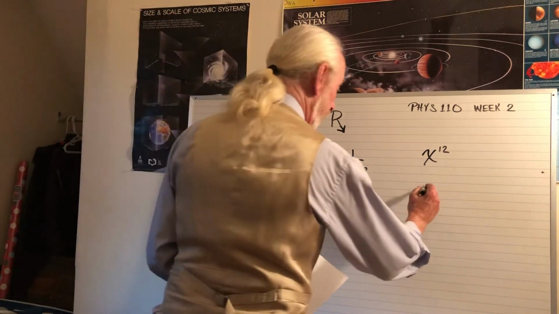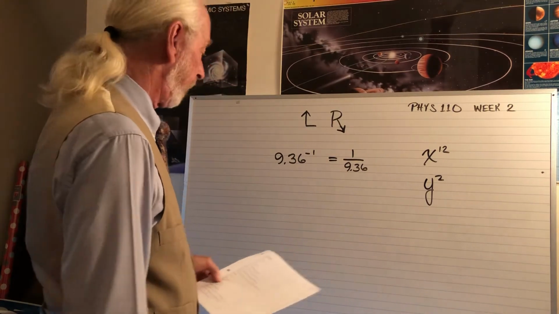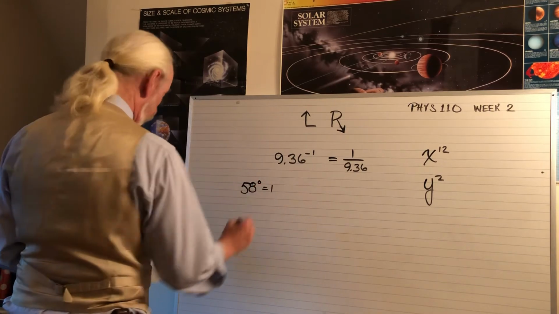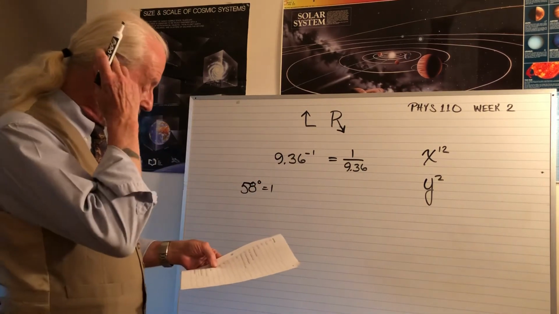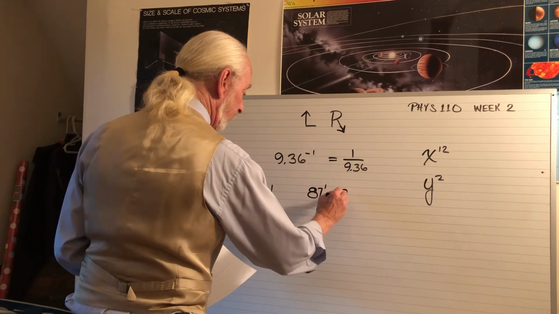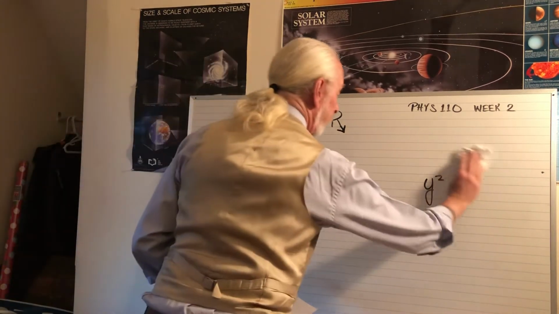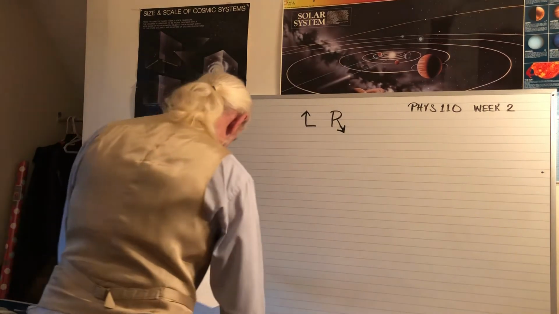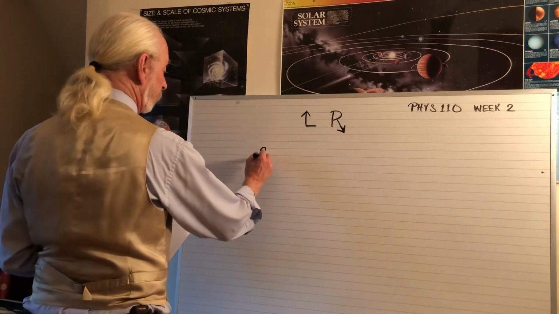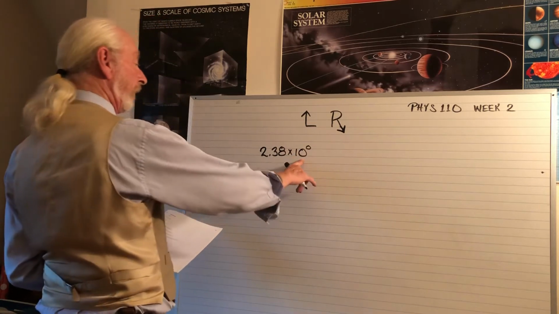That better be y squared. 58 to the 0 power equals 1. 87 to the 1st power, 87 all day long. 2.38 times 10 to the 0, that's 1.